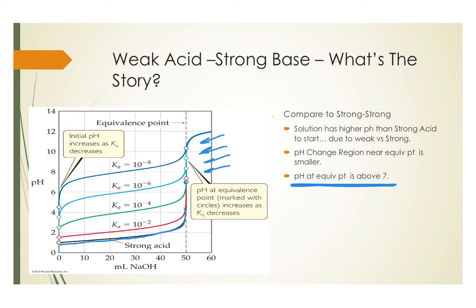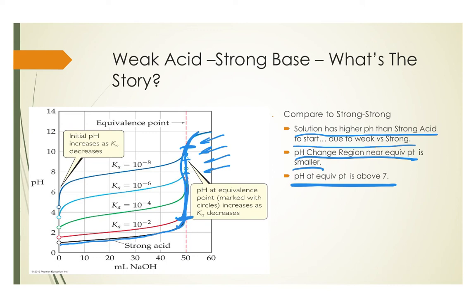The other thing that you'll notice is that this steep part of the curve is much longer for the strong acid, and it can be much shorter for the weak acids. In fact, the weaker the acid, the shorter that steep part is. Okay. The other thing that happens is at the same concentrations, the solution of course has a higher pH if it's a weak acid than when it's a strong acid.